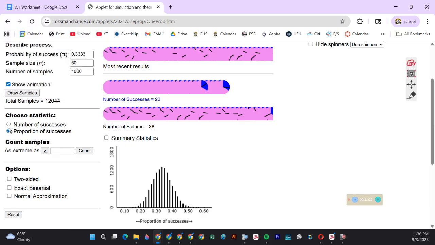So if I do number, I'm going to say the number of wins is, oh, I don't know, 18, 19, 20, 21. But we are trying to get this 33%. So almost always we are going to use the proportion of successes.